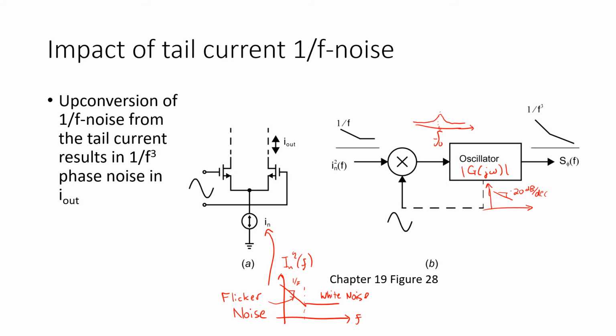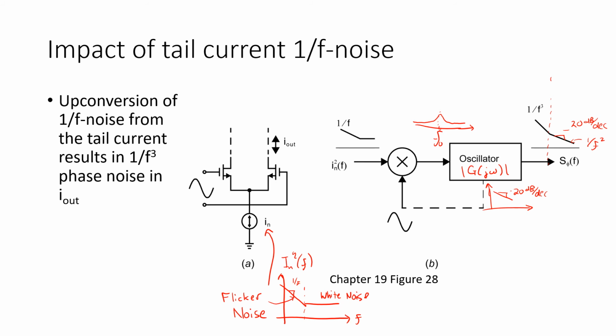And so as a result, the white noise from the tail current source shows up as our familiar 20 dB per decade phase noise at the output, proportional to 1 over F squared. But it's the flicker noise that gives rise to a new component in the phase noise.